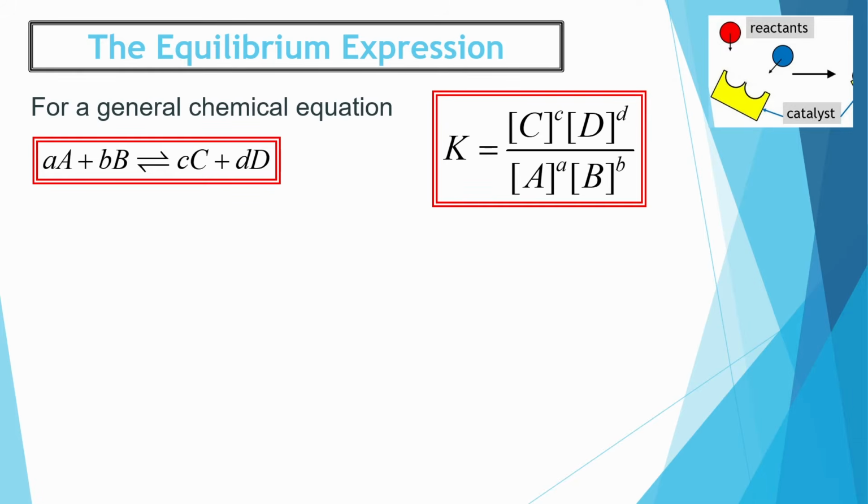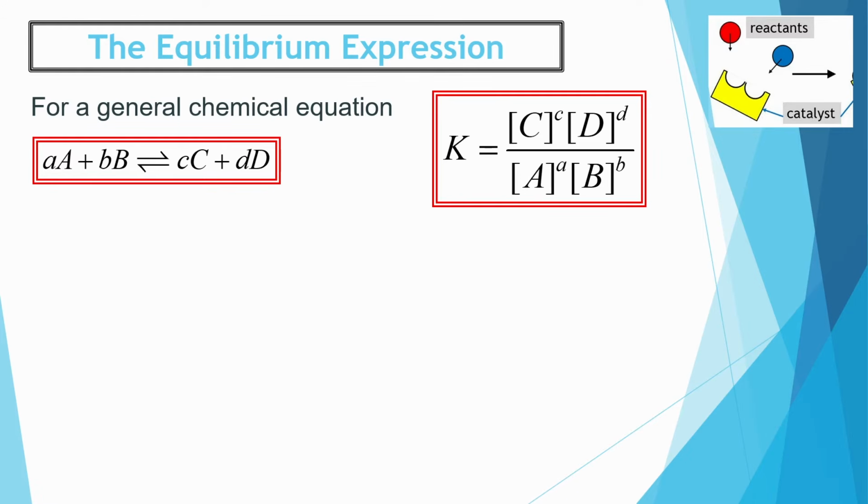This equation on the left hand side represents a reaction, with the little letters being the coefficients and the large letters being the substances, right? When we write an expression, we rearrange this into a mathematical equation by writing K equals the products. We put the products on the top over the reactants.